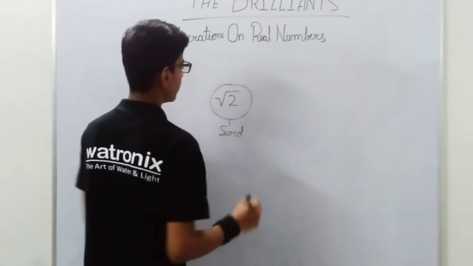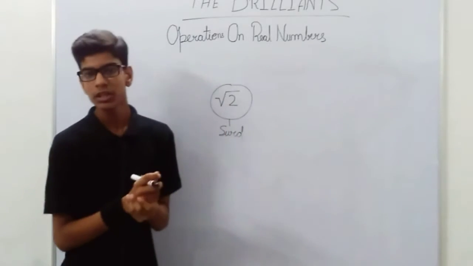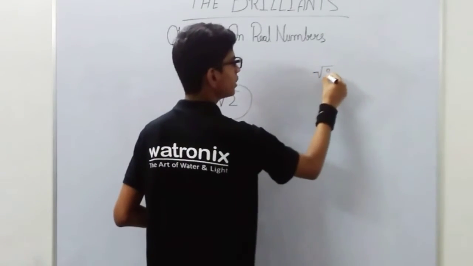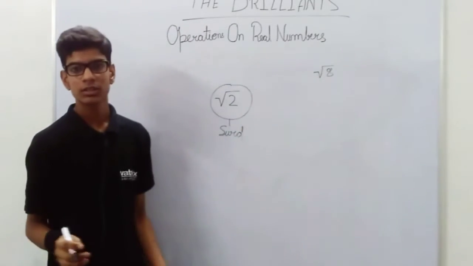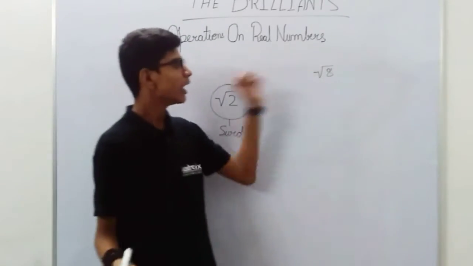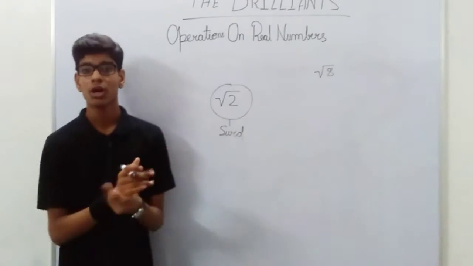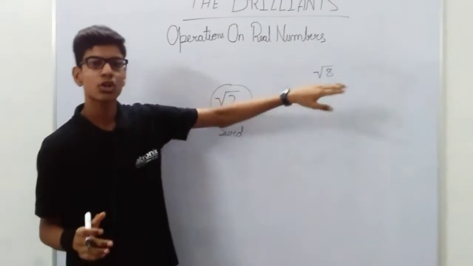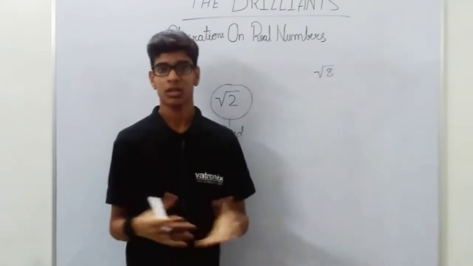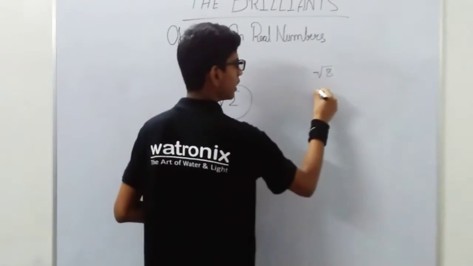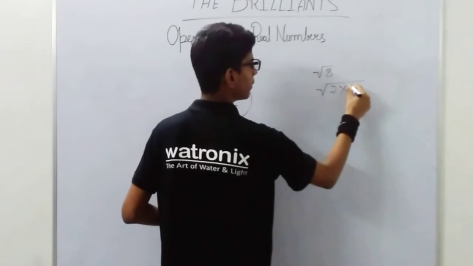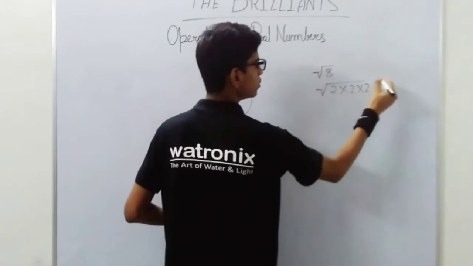Okay, now under root 2 is a surd, but if we write under root 8, is it a surd? No. Under root 8 is not a surd because it is an irrational number, but it is not in its simplest form. How? As we can write it as 2 multiply by 2 multiply by 2.